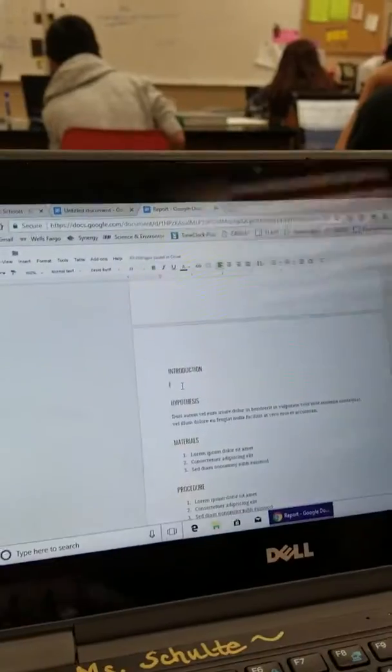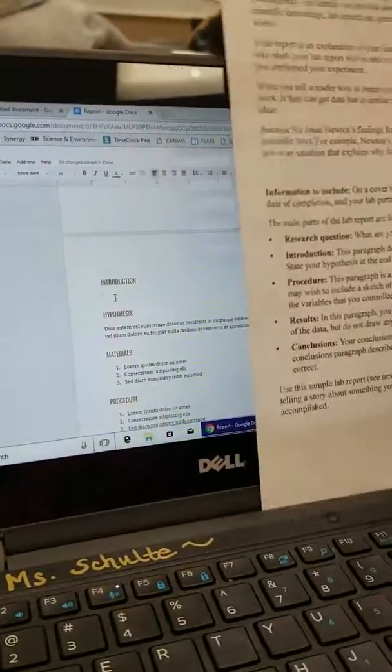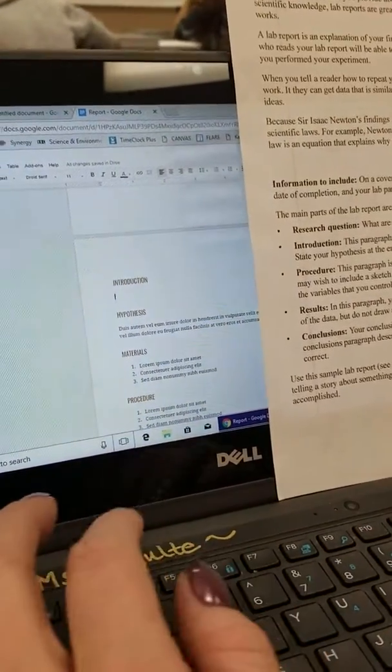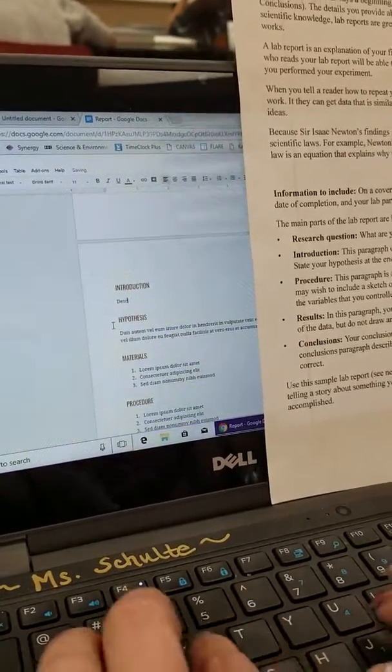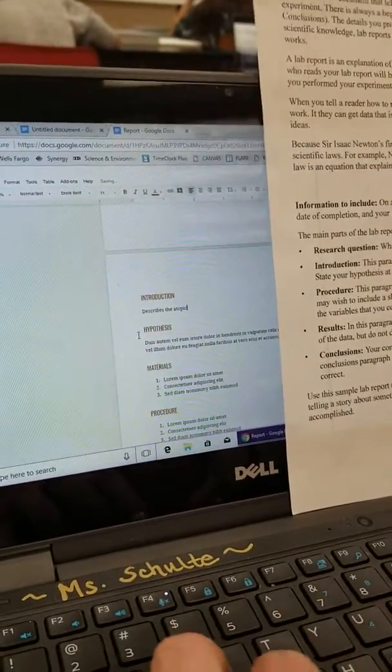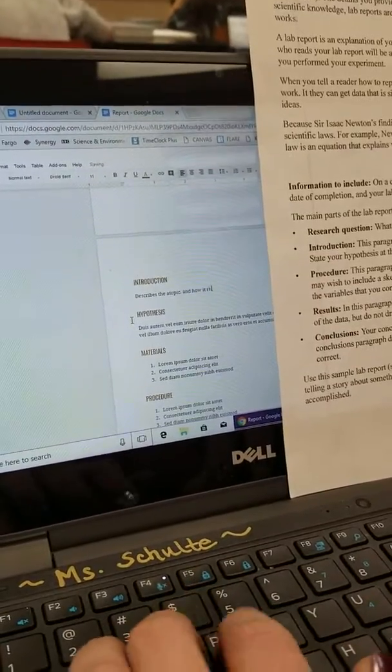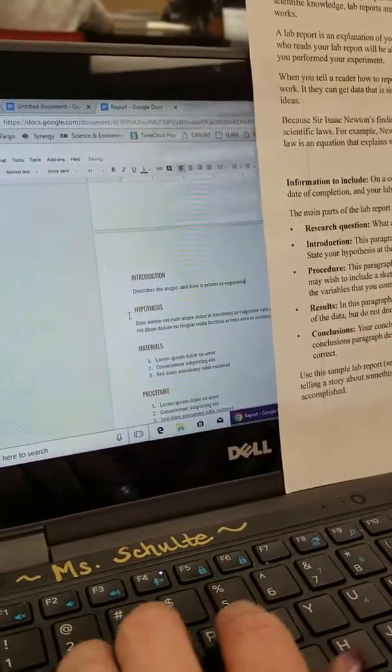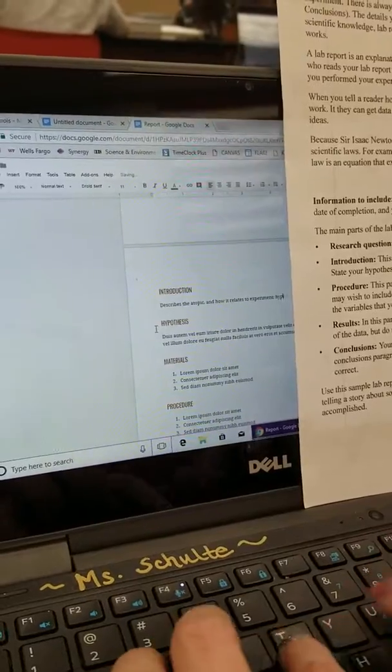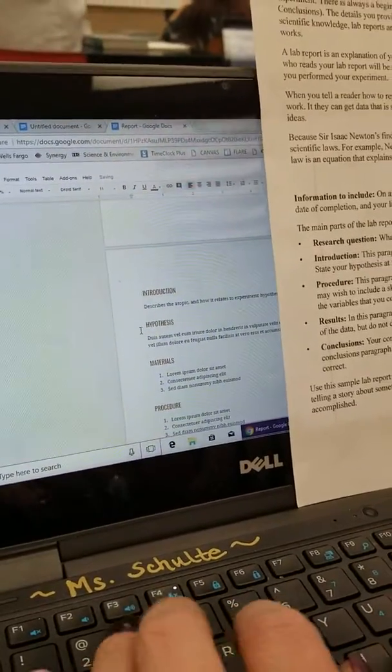So I'm going to take that stuff right there, and it says describes the topic and how it relates to experiment. Cool. And I'm going to continue to do that for the rest of this page.